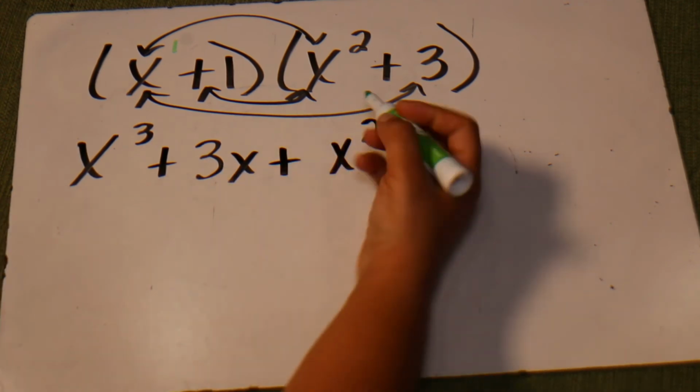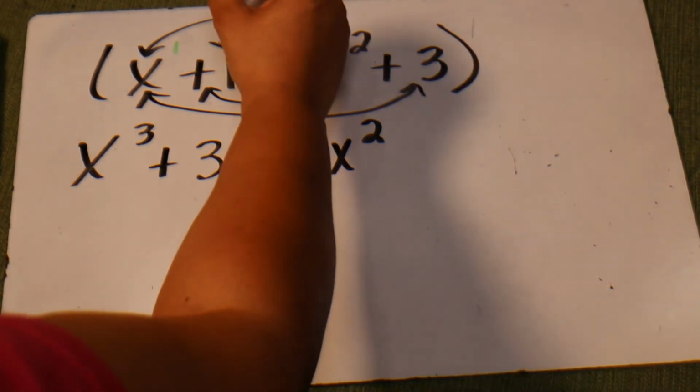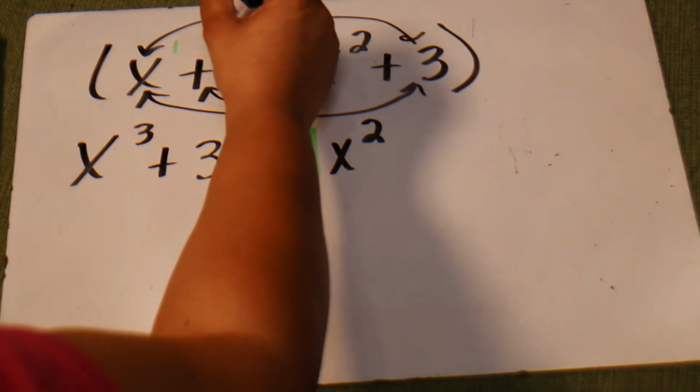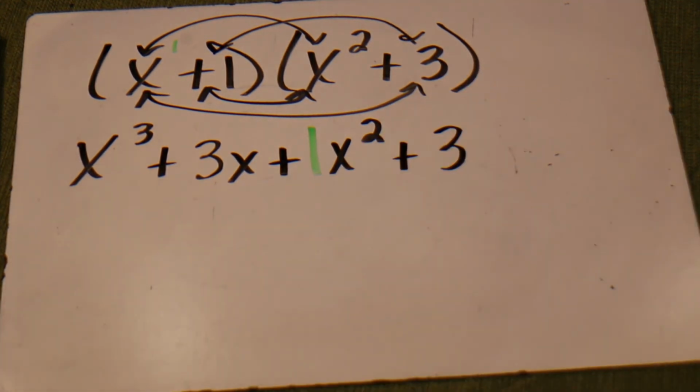But you can. If you wanted to write 1 x to the second, it is correct. However, in algebra, usually writing it properly, you don't have to write the 1. Okay? But we're going to write it in color for there so you can know that it's optional. Alright, so now we're going to do our last, and we have 1 times 3, and that's going to give us 3. Okay?